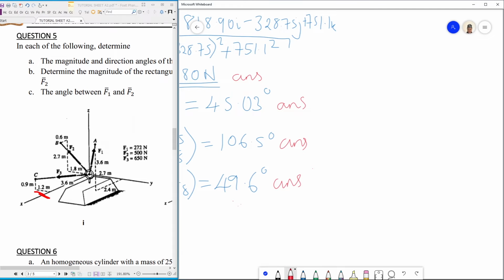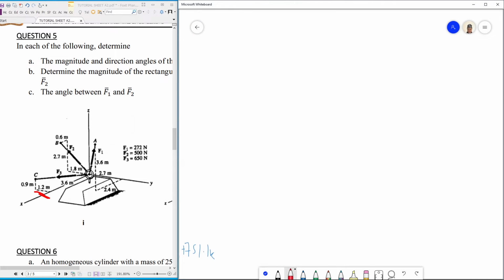So moving forward, here we'll need a unit vector in the direction of B, because that's where F2 is. That's the direction of F2.